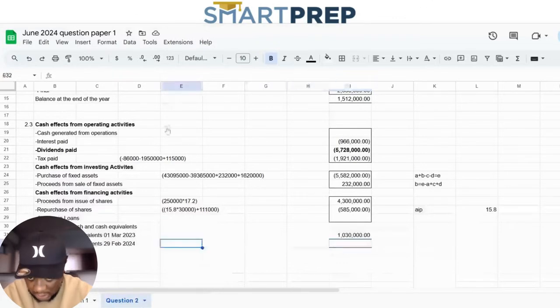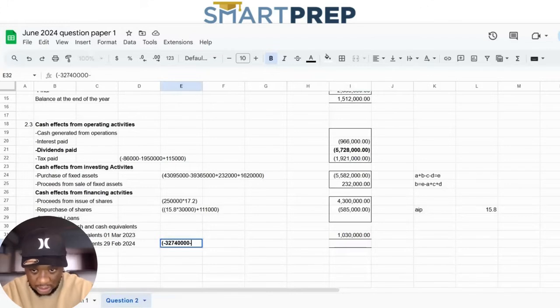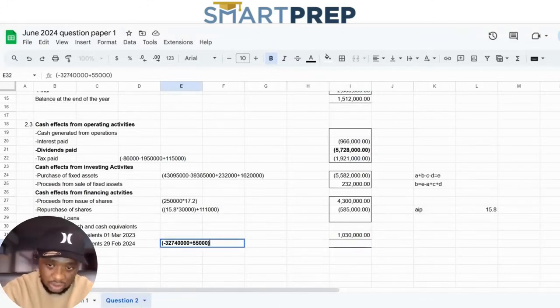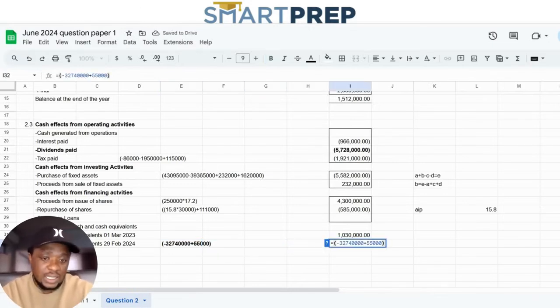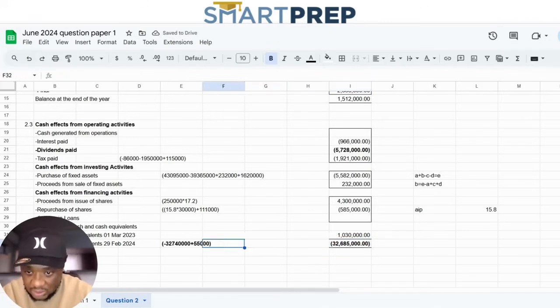So to work this out, we would say minus 3,274,000, and then to that we add a balance of 55,000, and so our cash and cash equivalents at the end of the year, I think I overdid the zeros there.